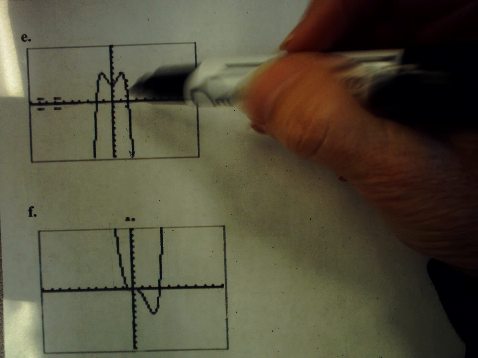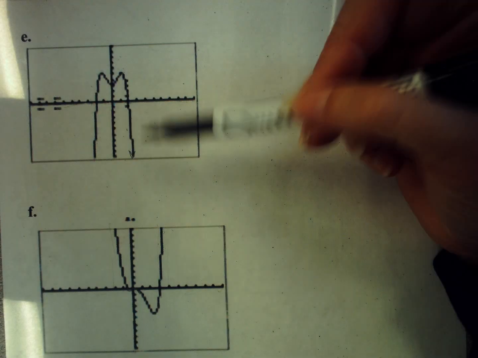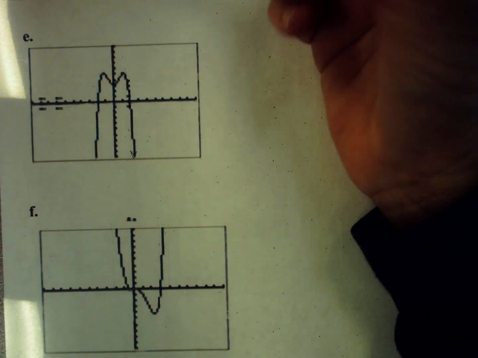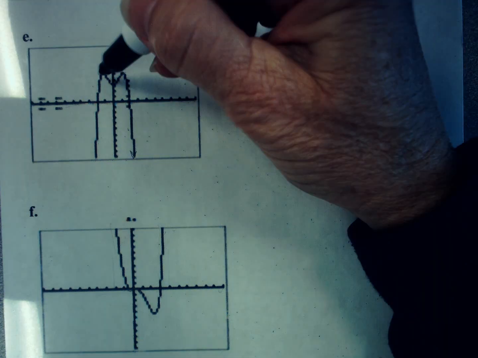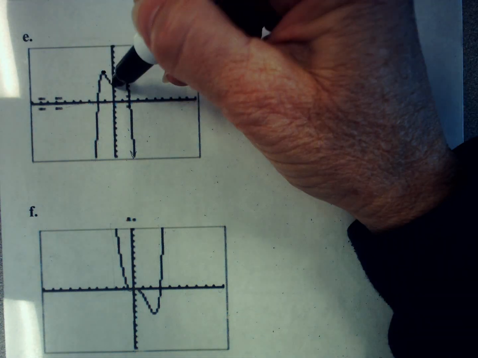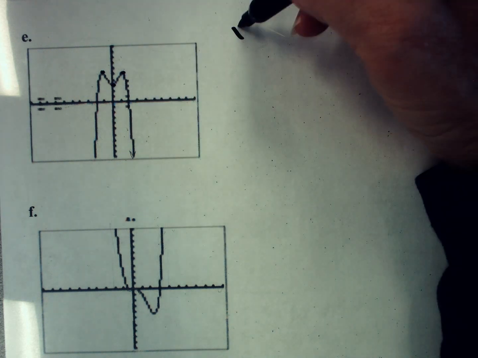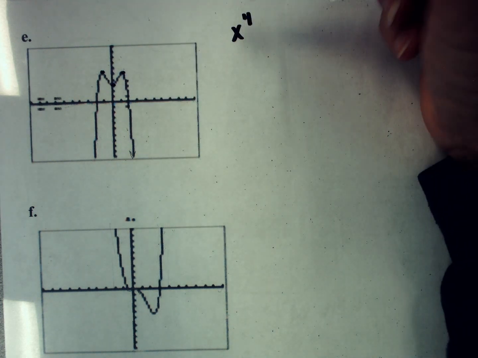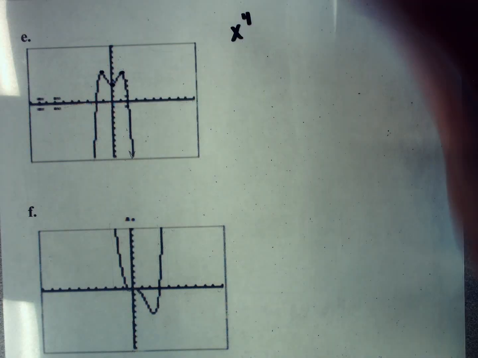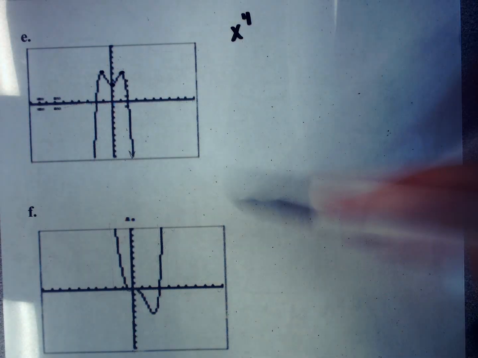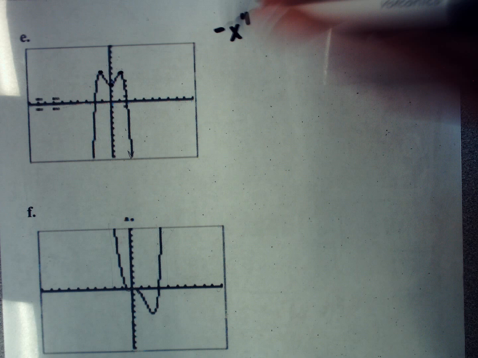Okay, so this one is even because both are going in the same direction. And what power is it? How many turns does it have? 1. It turned around here. 2. 3 turns. So this must have been x to the 4th because 1 less is how many turns it has in the graph. But that's okay. We already know it's negative x to the 4th.